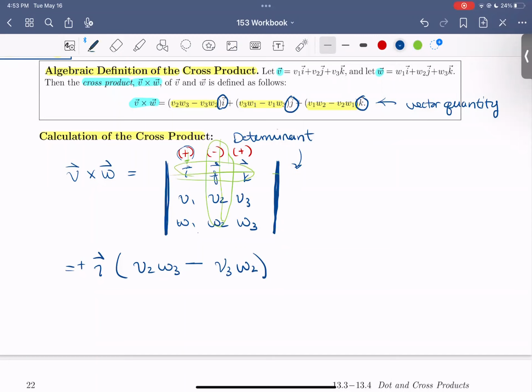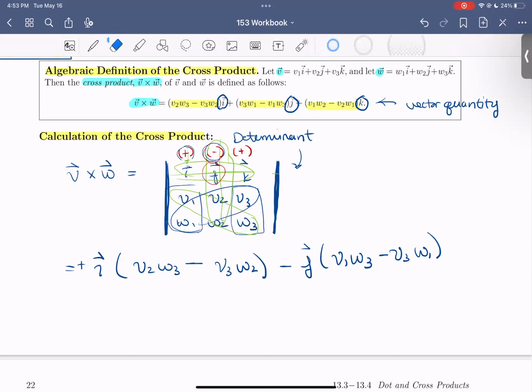Notice there's a negative symbol up here, so I'm going to write negative j. I'm going to do the same thing with the box of four numbers that remain, meaning I'm going to take the diagonal v1 times w3, then subtract the opposite diagonal, v3 w1. Now I've taken care of that next column.